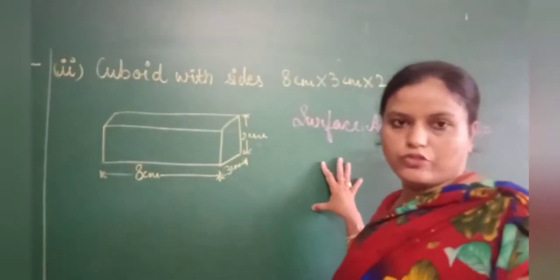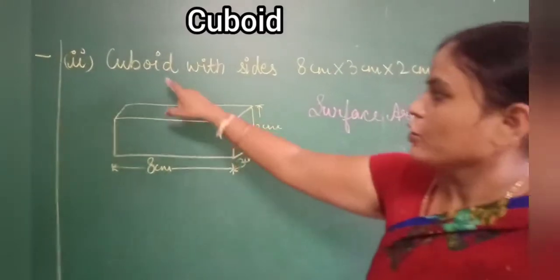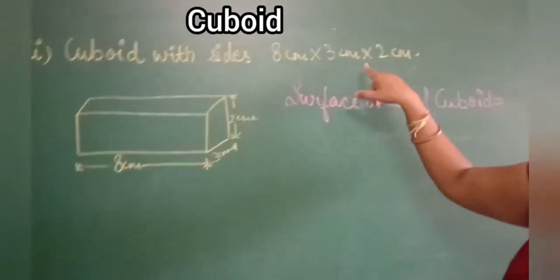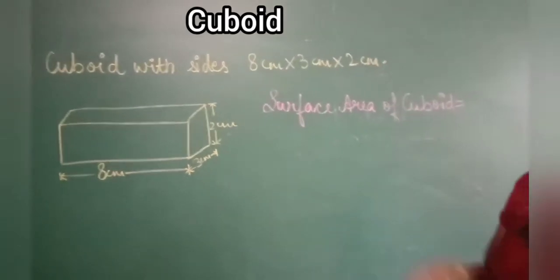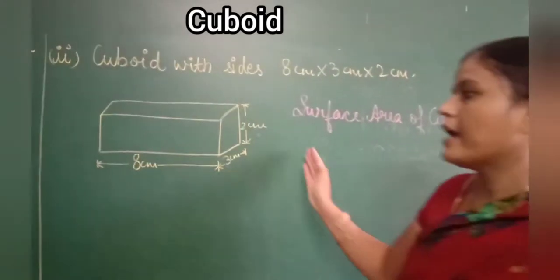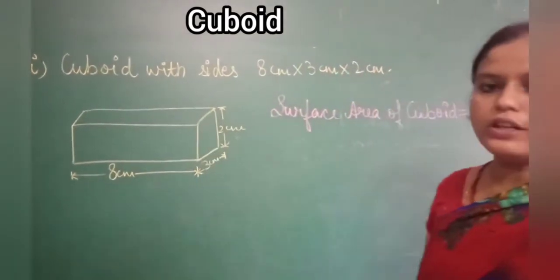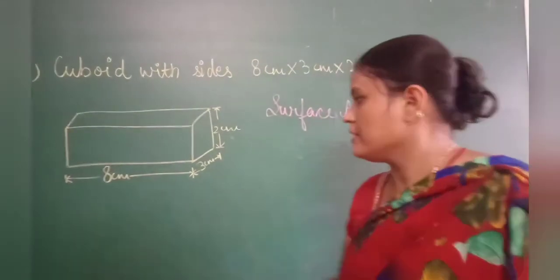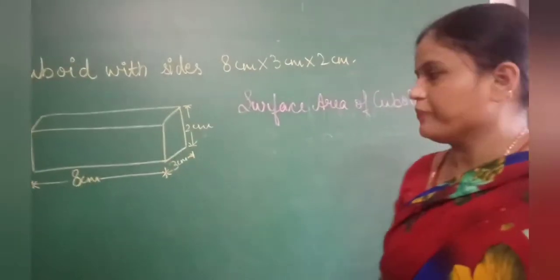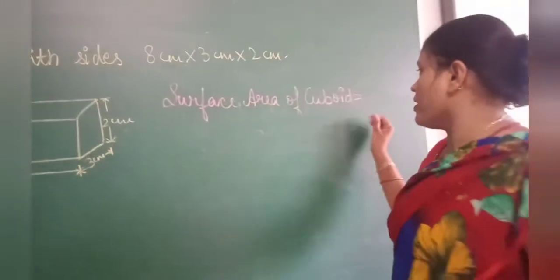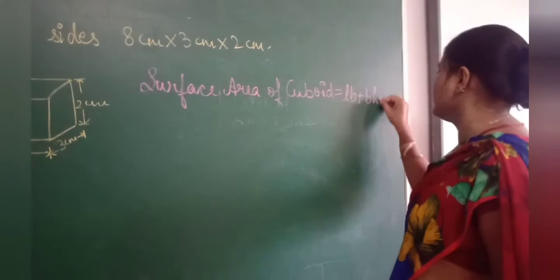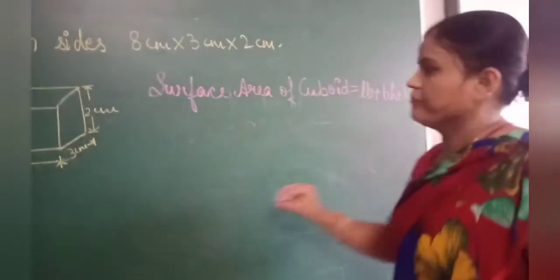Now we move to the second part: cuboid with sides 8 cm, 3 cm, 2 cm. These are the dimensions of this cuboid. The surface area of a cuboid is length into breadth plus breadth into height plus height into length.